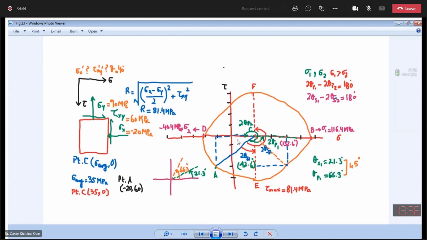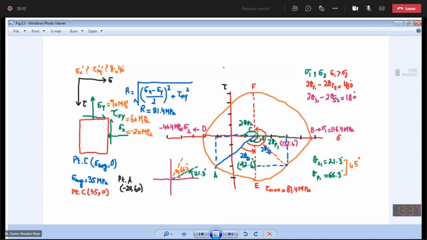Please calculate this value of theta and let me know the answer. Tan theta is 60 over 55. What is the value of this angle? Let's take 47.5, so 47.5 degrees. So your 2 theta P1 is this angle.